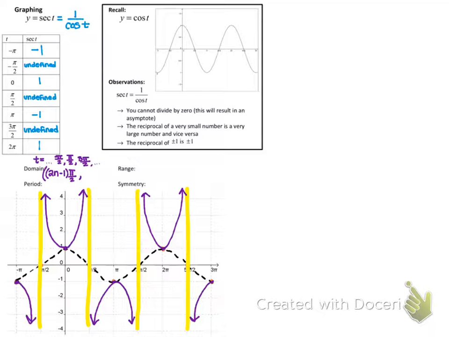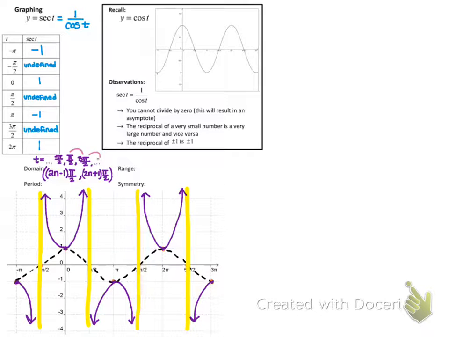And then it goes from that same 2n minus 1 value to the next, I'm sorry, 2n plus 1, because it's to the next odd numerator pi over 2 value. To help with this, if you looked above here, we went from pi over 2 to 3 pi over 2.